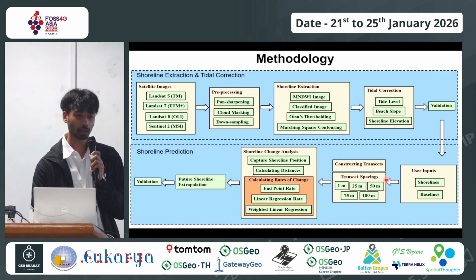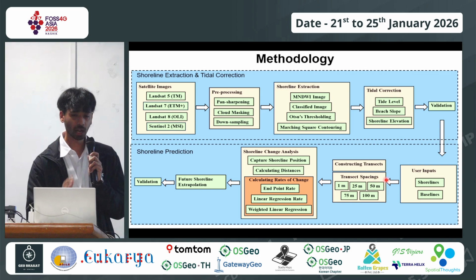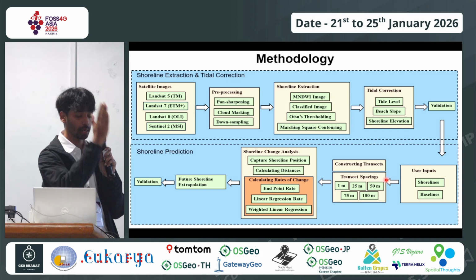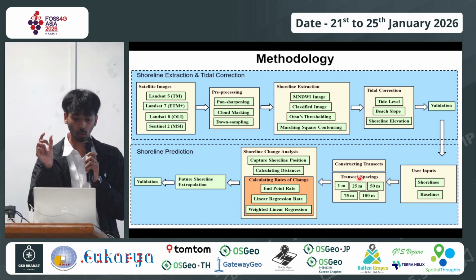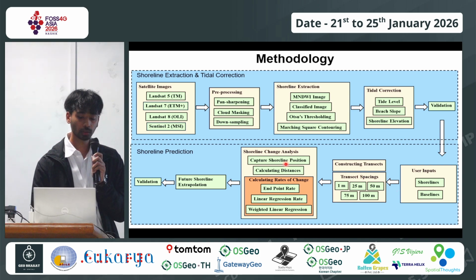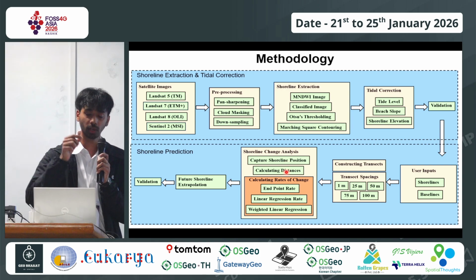Transects are just perpendicular lines with respect to the baseline. Where the baseline and shorelines intersect, at those points, shoreline positions are captured. In my case, I've used 5 different transect spacings from 1 meter to 100 meters. Once the shoreline positions are captured, the distances are calculated from those points to the different shorelines.